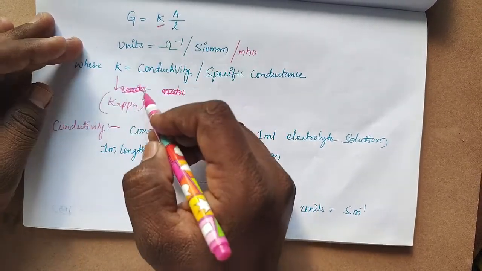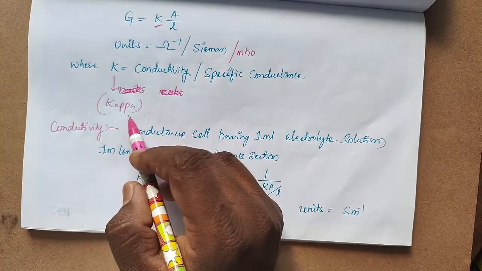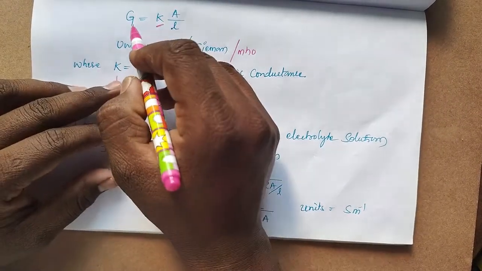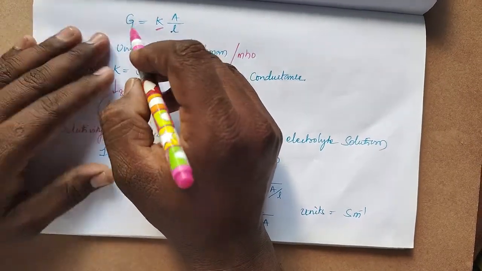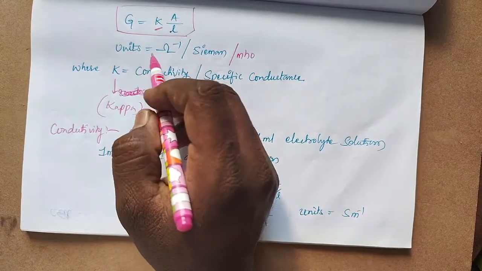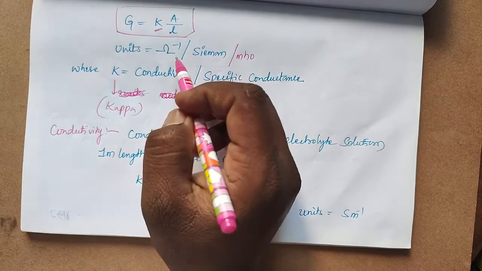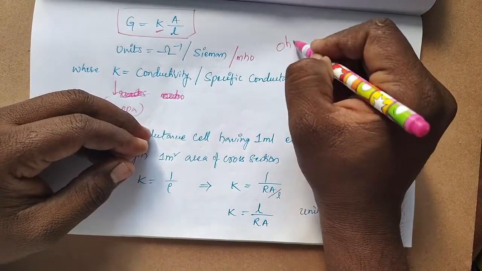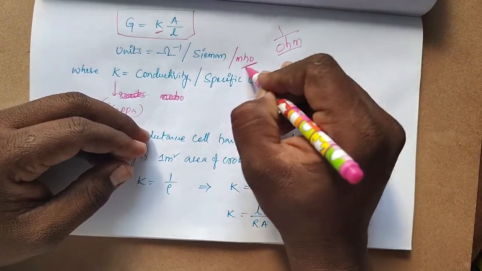Here K is kappa. So G equal to K into A by L. This is the conductance formula. The units are ohm inverse, Siemens or mho. The inverse of ohm, which is resistance, is mho.